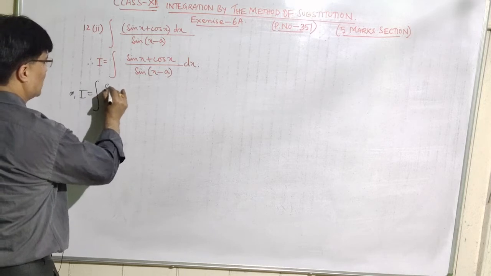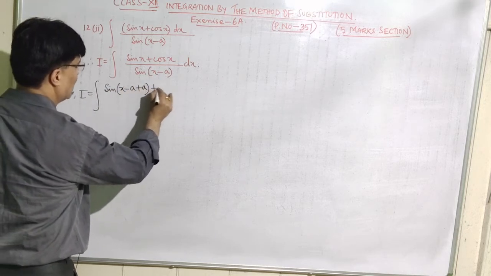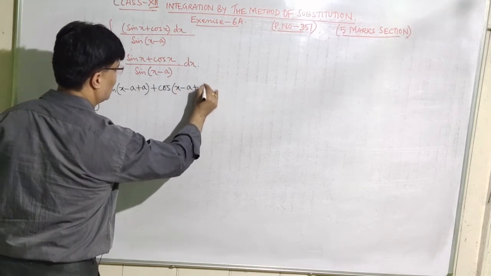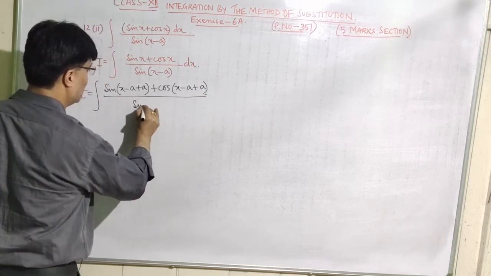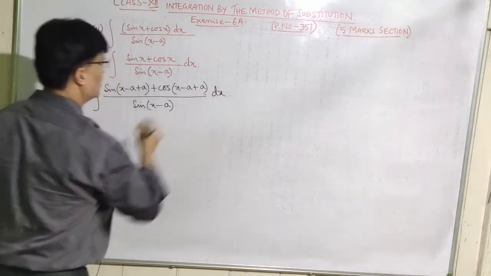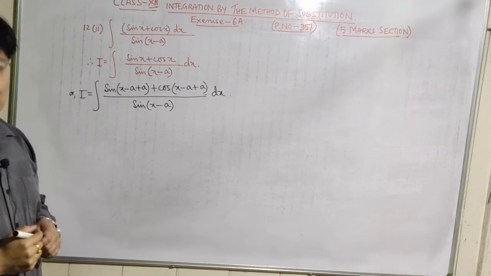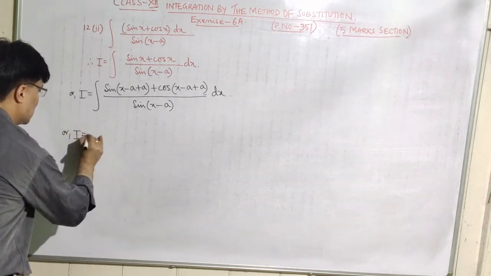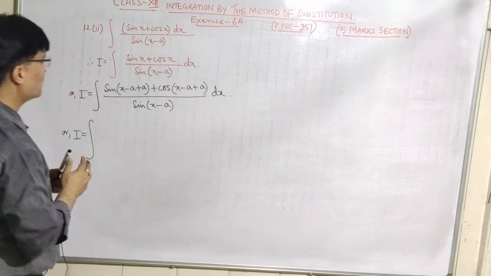So it is sine of x minus a plus cos of within bracket x minus a plus a. This whole divided by sine of x minus a, dx. Now you should know the formula. Or I is equal to integration of... What is the formula that you can use here?